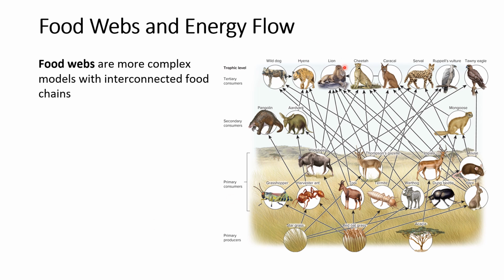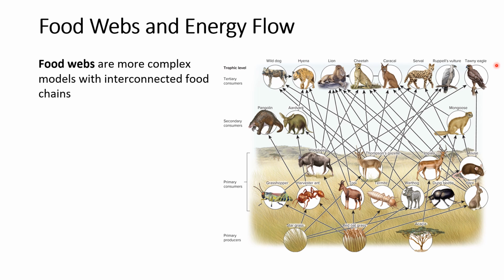And we see that represented here with this food web, right? We can see that the cheetah, which is a tertiary consumer in this ecosystem, is known to feed on wildebeests and Thompson's gazelles, impalas, and also, I think I'm following that all the way down to the hare. So there's multiple feeding options, and they're complex in nature.